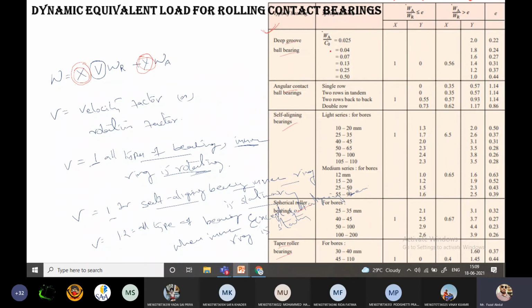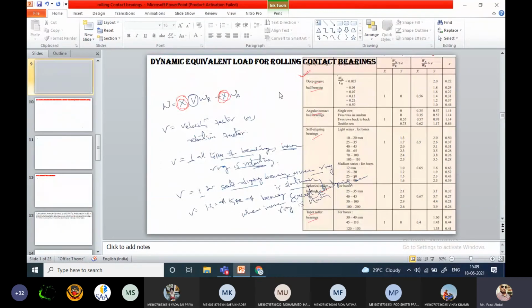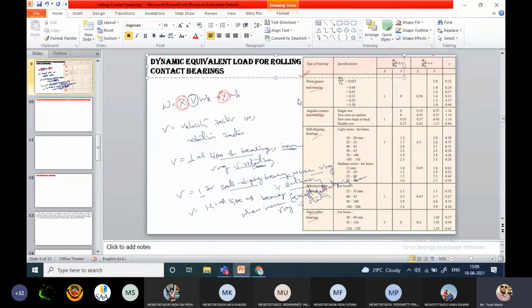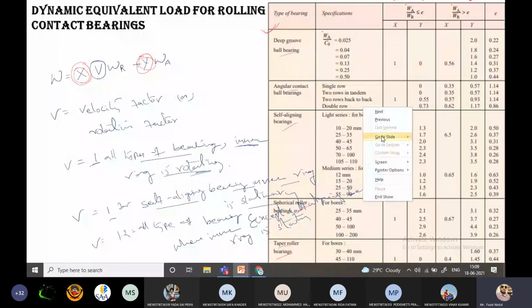First we have to see what type of bearing is given.